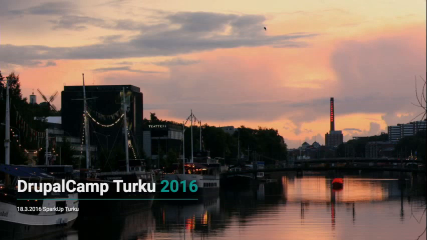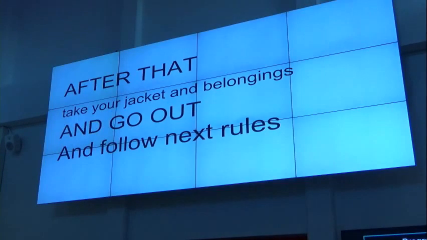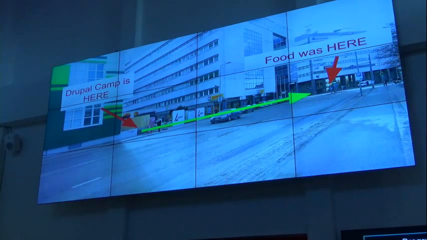So the next question is, what next? Stay here for Peter talking until 16:50, and what happens then? Take your jackets and belongings, go out and follow the next rules. Have you seen it?